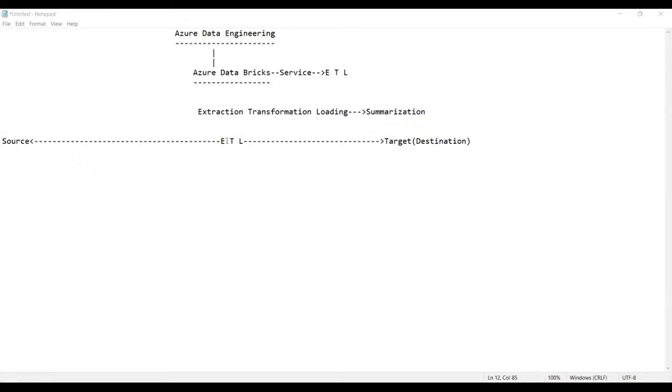So now guys, let us try to see what this ETL actually does. It basically performs the extraction process on the source, picks up and transforms the data, and loads it into the required format. For that, let us take an example.